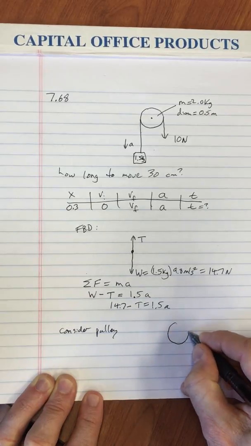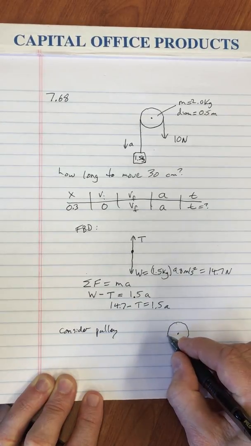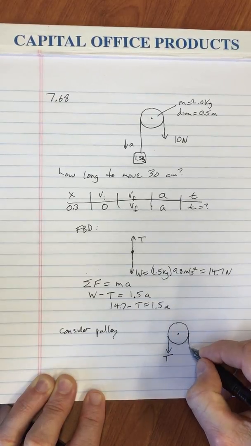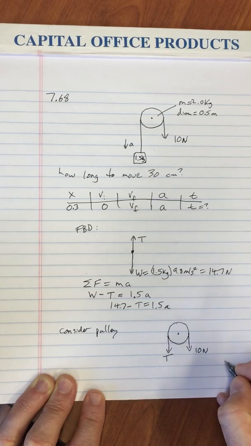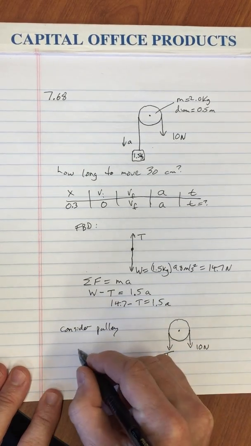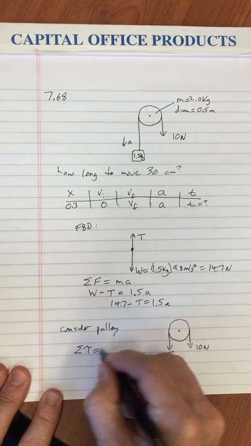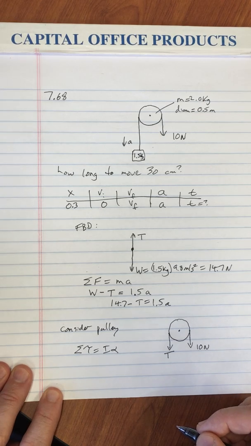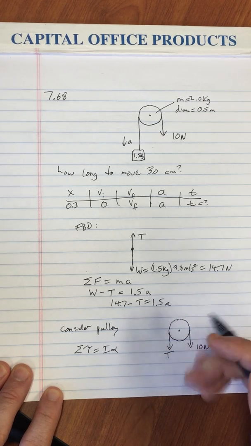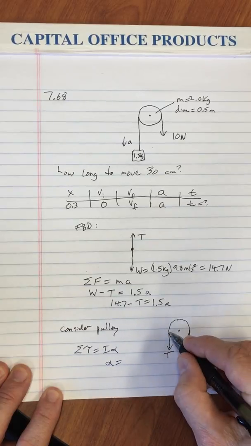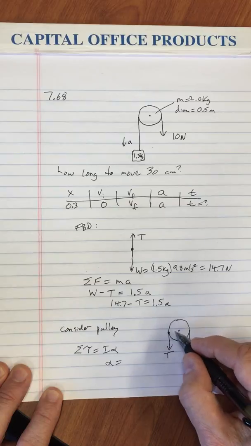and it has two forces acting on it, a tension down on the left and then 10 newtons down on the right. And the sum of the torques acting on that wheel are equal to its moment of inertia times its angular acceleration. And its angular acceleration is related to the tangential acceleration of some point on the surface or edge of the wheel.